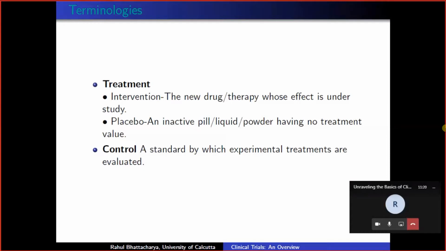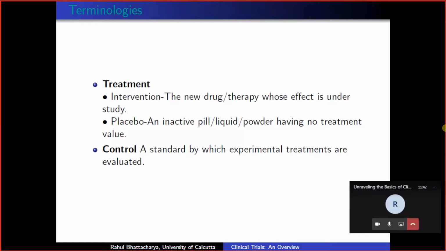Next is placebo. What is placebo? Placebo is an inactive pill, maybe liquid, maybe powder, having no treatment value but has some psychological effect. So it might be possible that your treatment is a placebo. Next is control. What is a control?